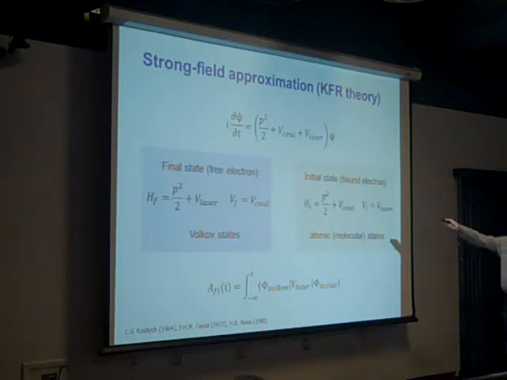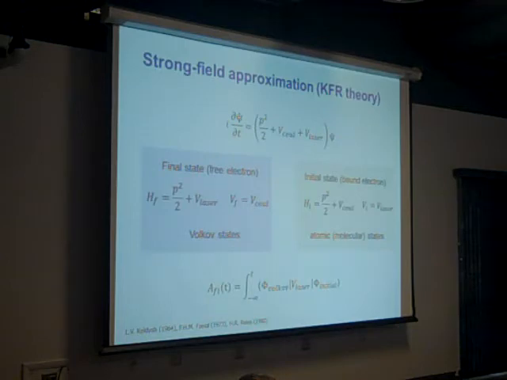Either, if I take away this one, I can describe my electron in the Coulomb potential, or if I take away the Coulomb potential, I have a free electron in the laser field. Certainly these are only approximate solutions, but I would like to describe a photoionization process with the help of these two solutions. Because if I take away the Coulomb potential, I solved it completely, non-perturbatively. So I make use of a non-perturbative interaction of the electron with the field.